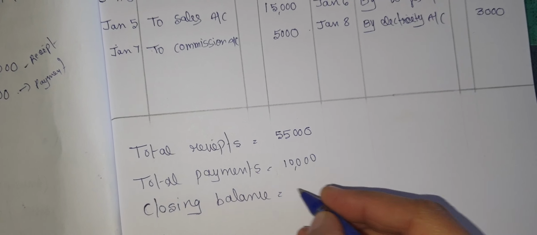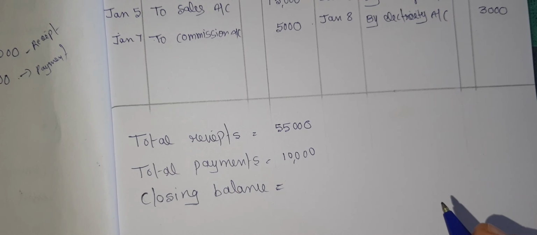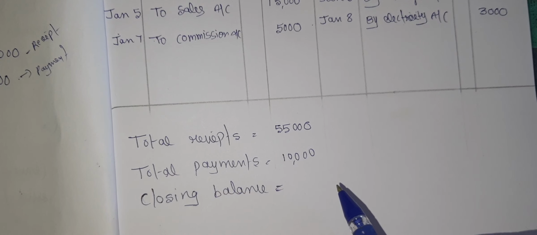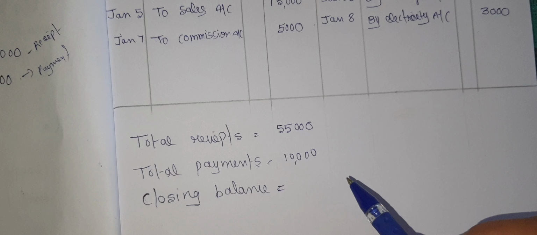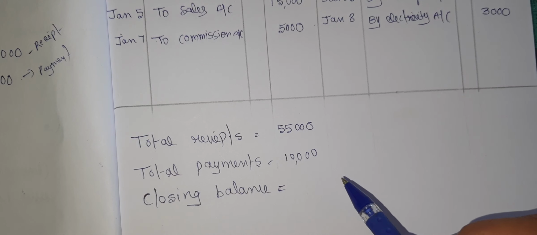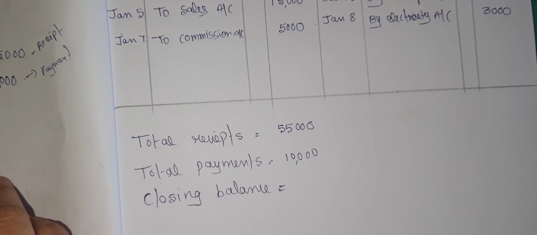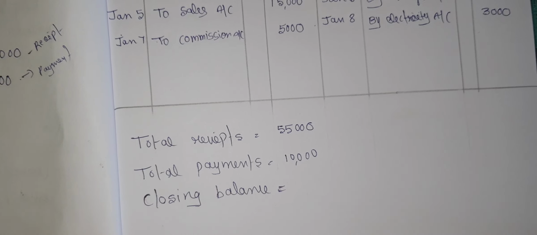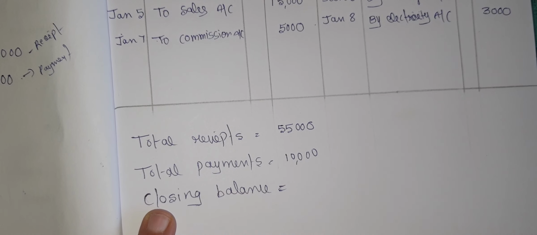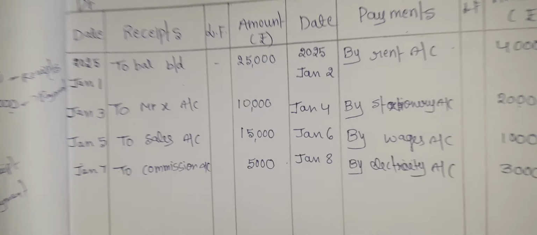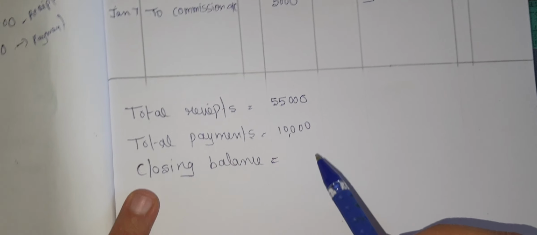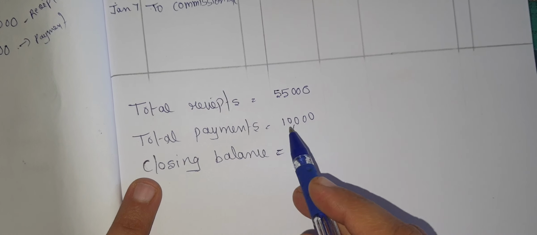So now we have to find out the closing balance. Here debit side is more than credit side. Debit side total is 55,000 and payment credit side total is 10,000.